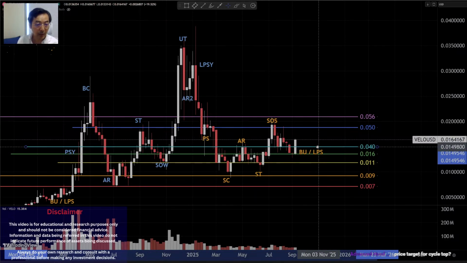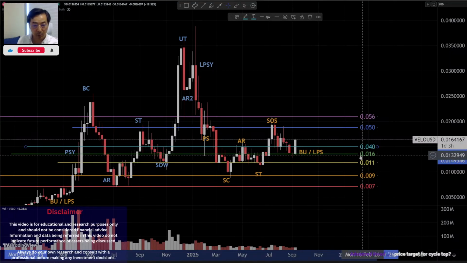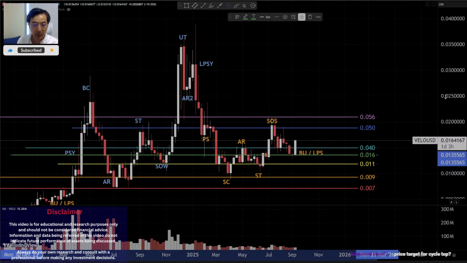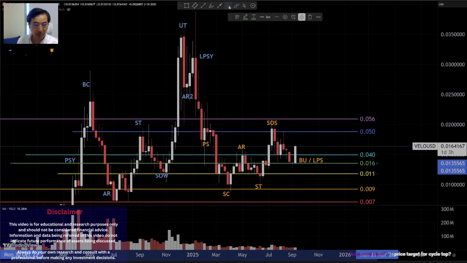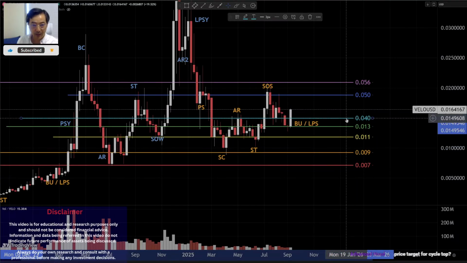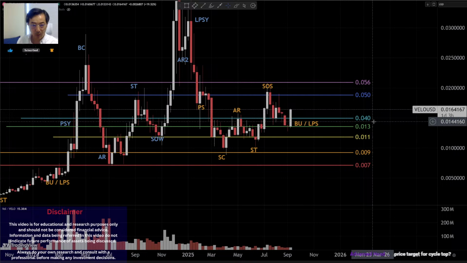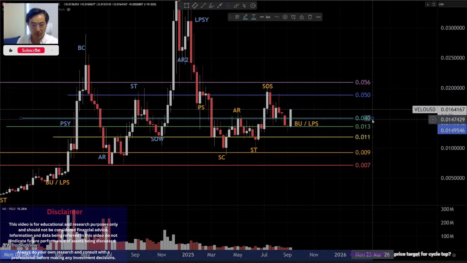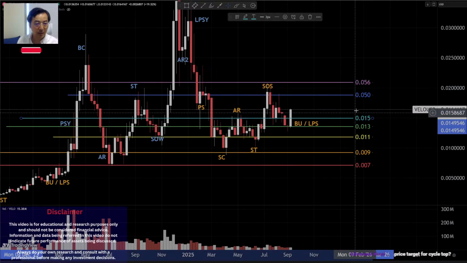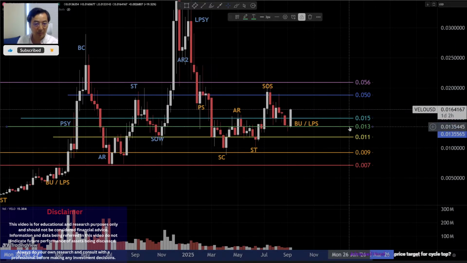Even though it's a narrow gap between 0.16 and this level, maybe I've typed the wrong number here. That's probably 0.13. I don't know how I see it at 0.16. That's actually the one, 0.015. Yep, there it goes. And let's lock this as well.